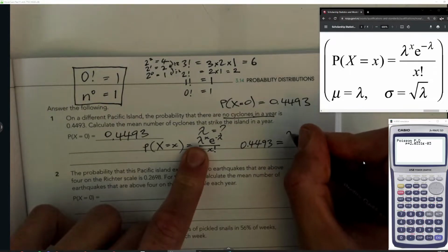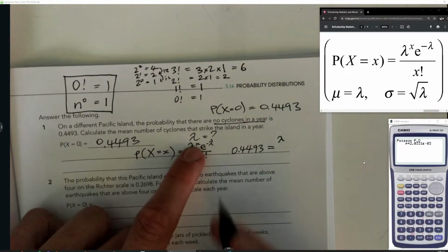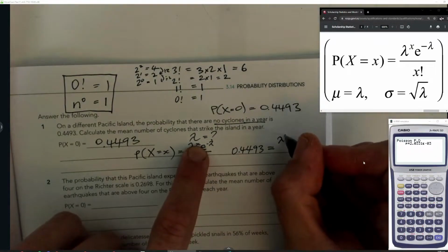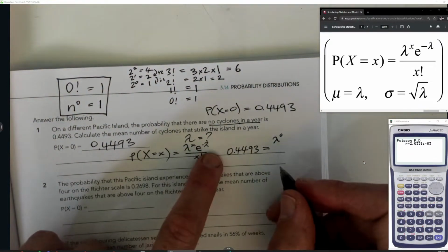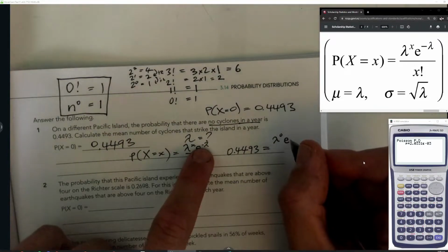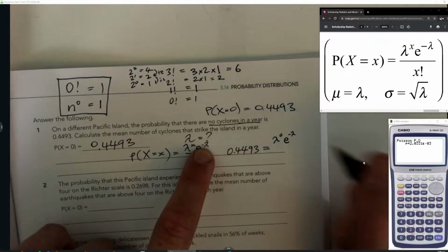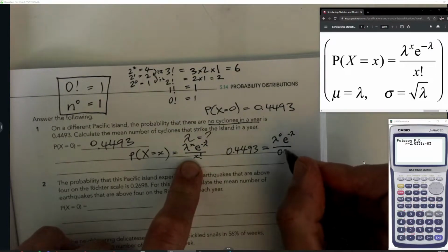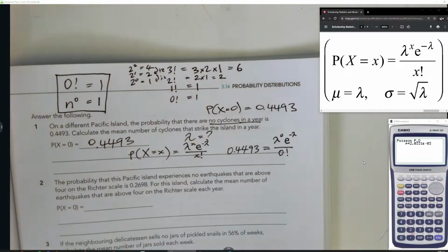Lambda is what we're trying to find, so we'll just leave that as lambda to the power of x. Now, x is 0, so it's just lambda to the power of 0, and we're multiplying it by e to the power of negative lambda, over, and x is 0, so it's 0 factorial. That's what makes this question so easy.